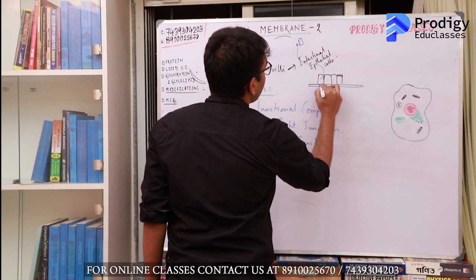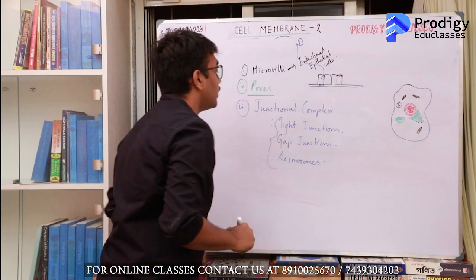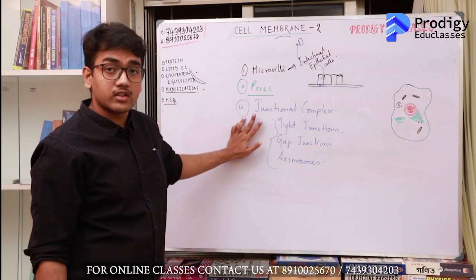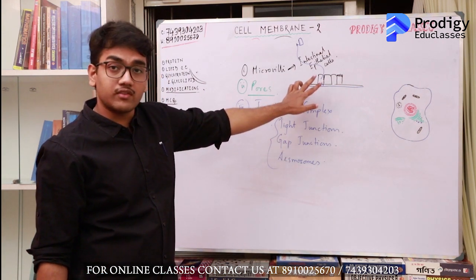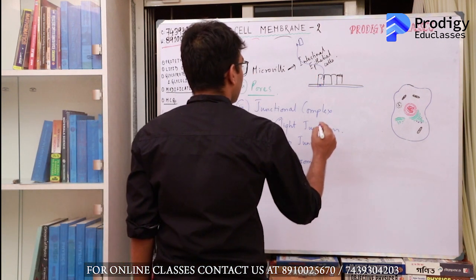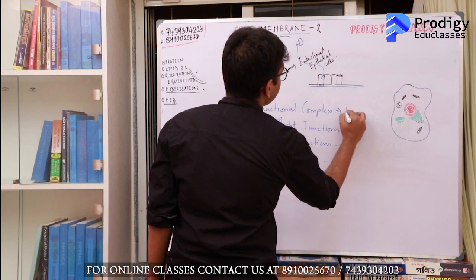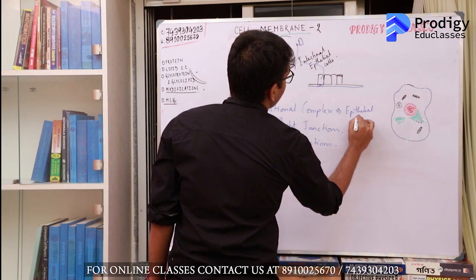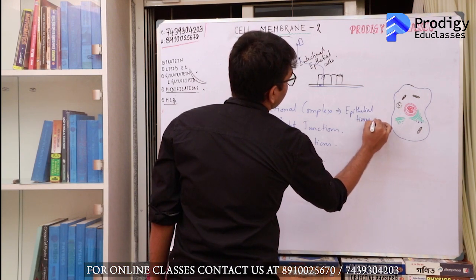Now these cells will be attached to this basement membrane also through desmosomes. So the function of these junctional complexes, which are also modifications of the cell membrane, is anchoring the cell. So you'll find a lot of these in the epithelial tissue cells.